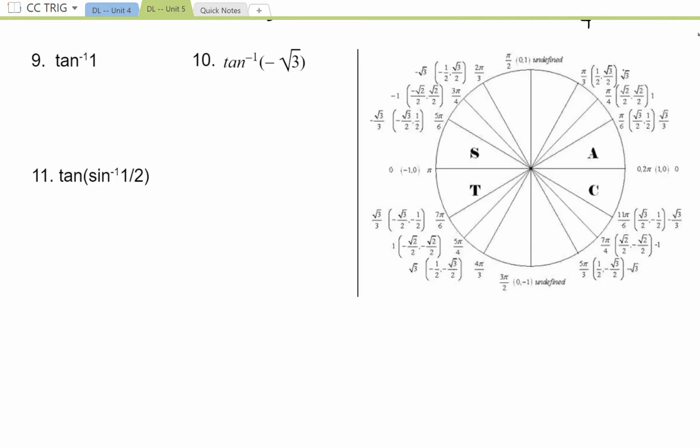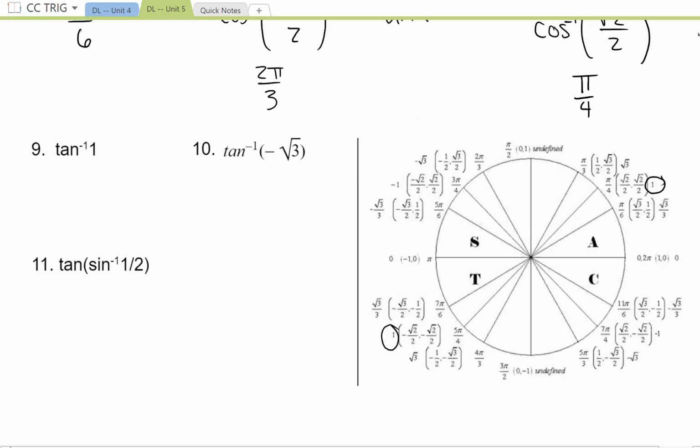Where is the tangent value equal to 1? At pi fourths and at 5 pi fourths, but only one of those is between -pi halves and pi halves, and that would be pi fourths. Tangent inverse of -√3. Where is tangent -√3? At 2 pi thirds and at 5 pi thirds.